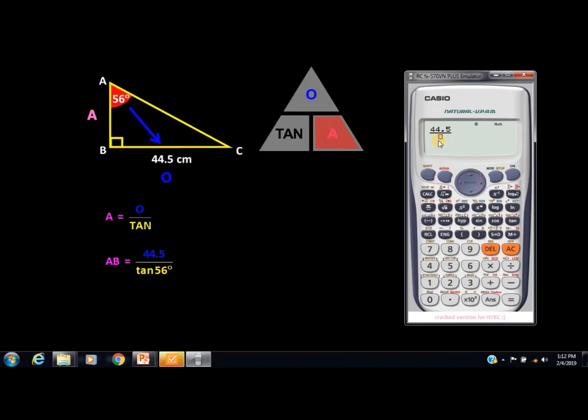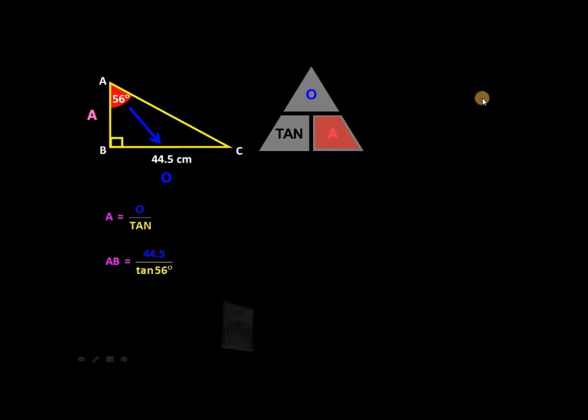We now want tan 56. Don't forget to close the bracket. Now we must come out to the end, so we press the right arrow. Now we press equals. Now the answer has many decimal places. We only want one decimal place, so we go shift, set up, 6, and then 1. The answer on the calculator is 30.0 centimeters.